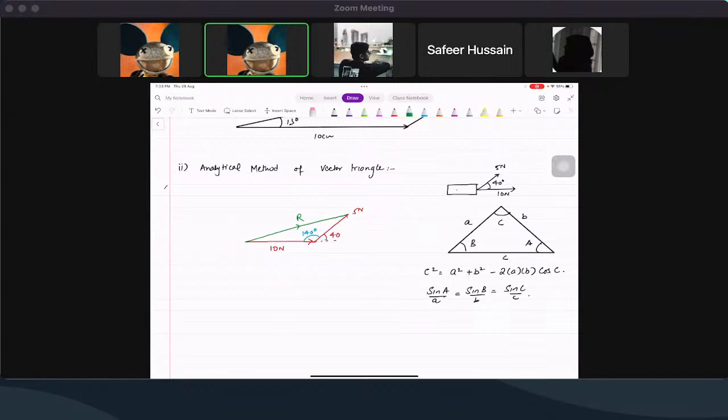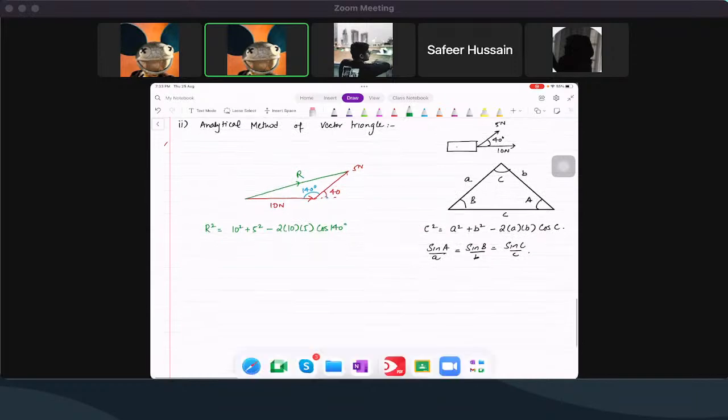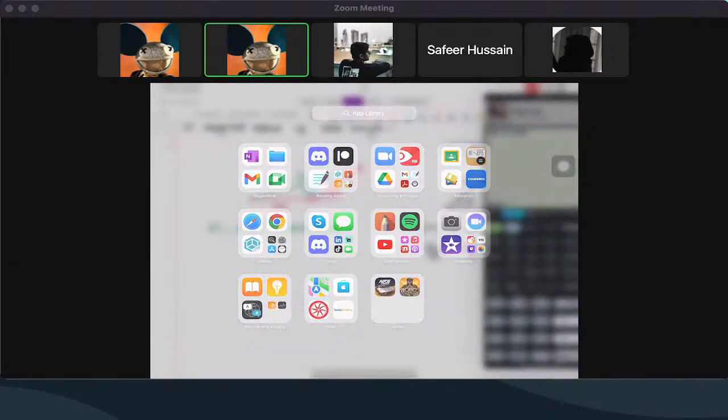Now we have the two sides and the included angle, so we can find r. So we're going to use the cosine rule. So r squared equals 10 squared plus 5 squared minus 2 times 10 times 5 times cosine of 140 degrees. We're going to use the calculator to find its value.